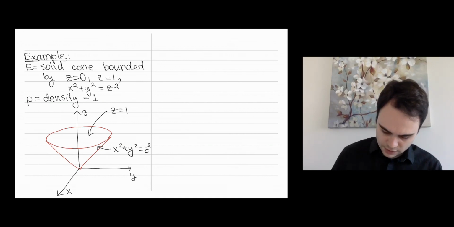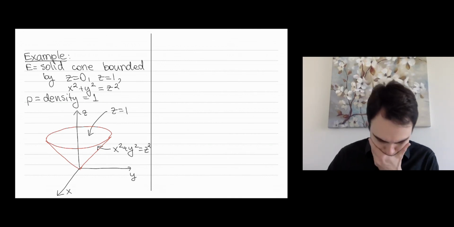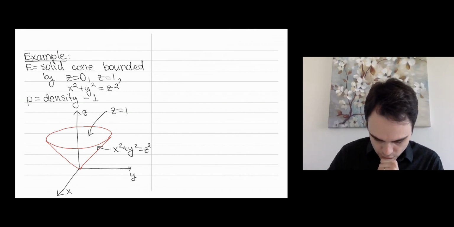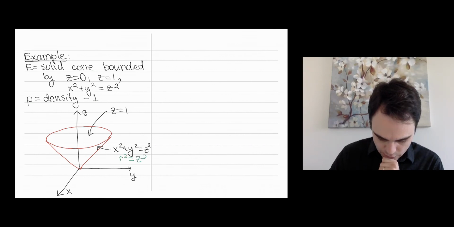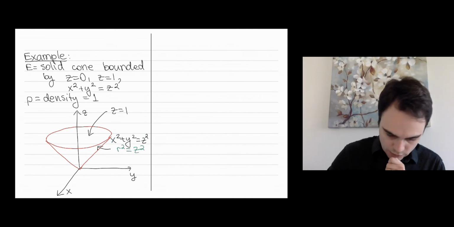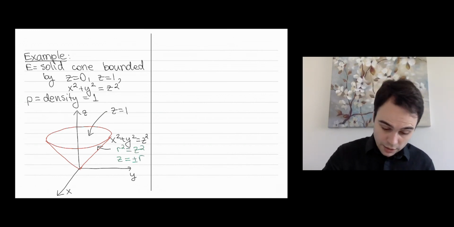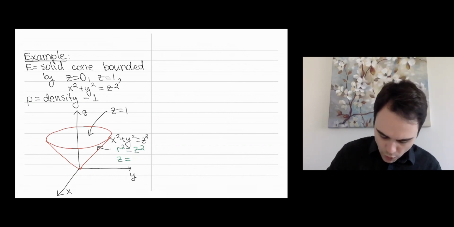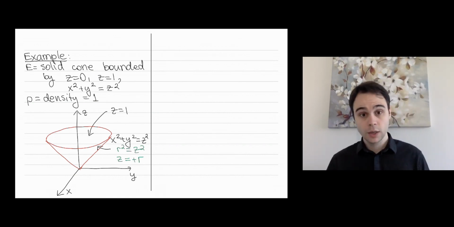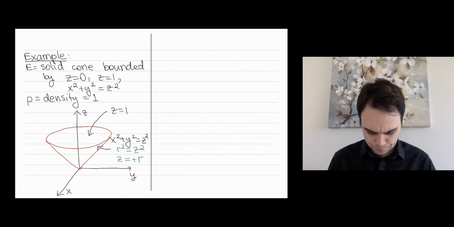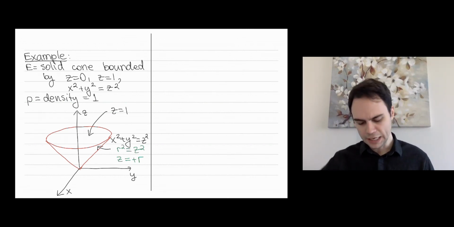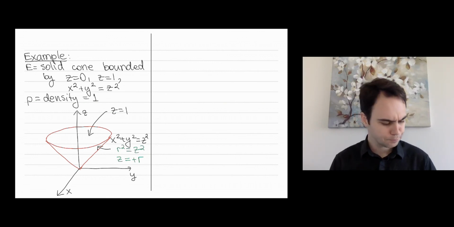Or to rewrite this, it's useful to write this in polar coordinates. So in cylindrical coordinates, r squared is equal to z squared. If r squared is equal to z squared, this tells me that z is plus or minus r. In the present case, because z is between 0 and 1, it's just going to be plus r, because the r coordinate in polar coordinates is always non-negative, and theta is between 0 and 2 pi.